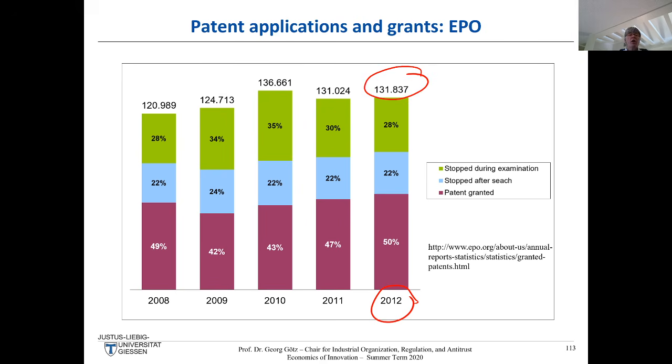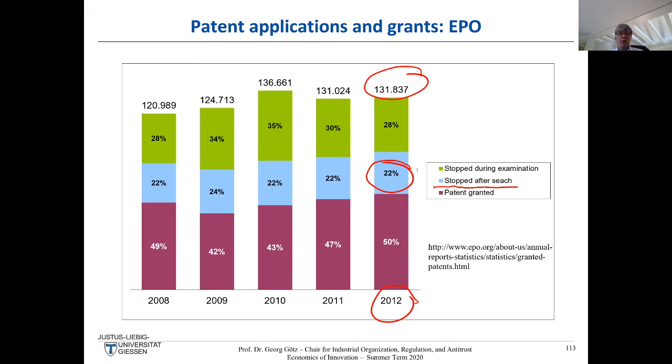And you see, of course, you apply for a patent, but that does not necessarily mean that you also get one awarded. Here you see the three potential possibilities. About 50% of the applications end with a patent being awarded, but about 22%, or more than 20%, stopped after search.